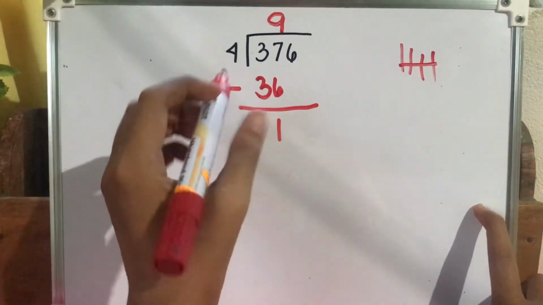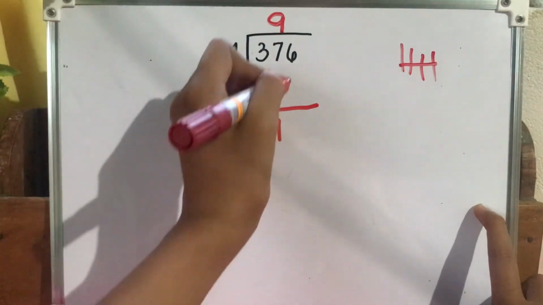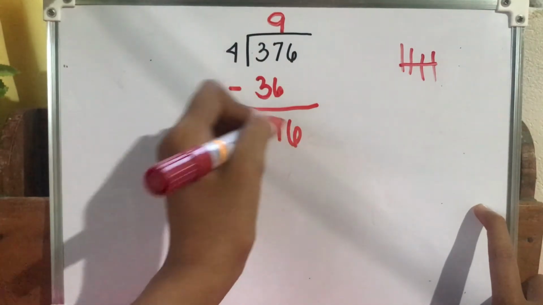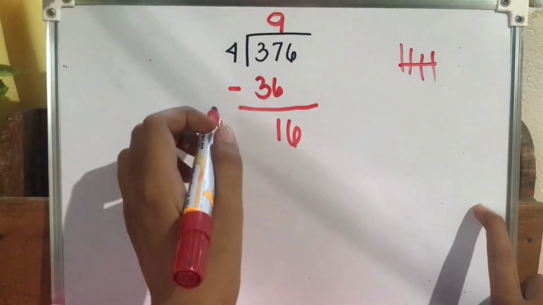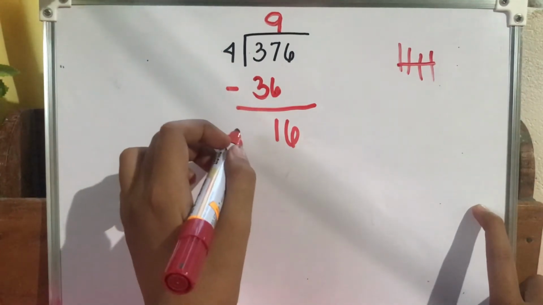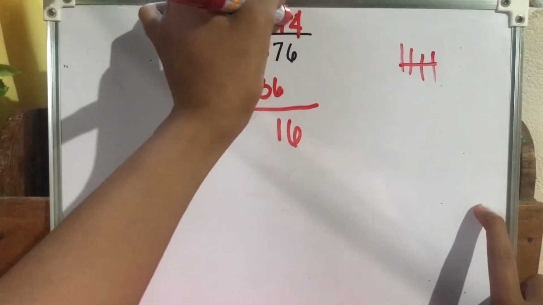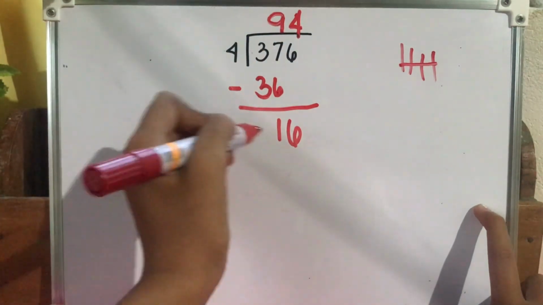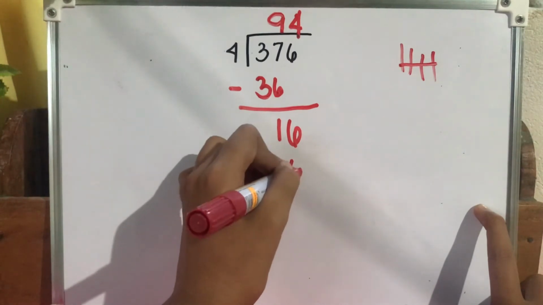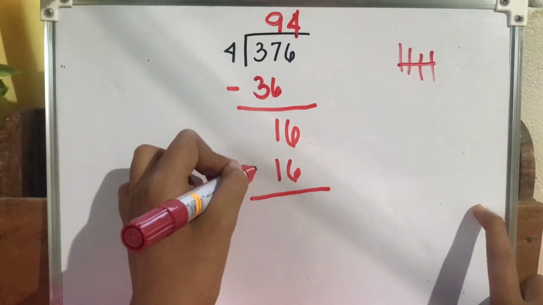And then bring down the next digit, that is 6. Bring down 6. 16 divided by 4 will be 4. 4 times 4 equals 16. And then we will subtract.